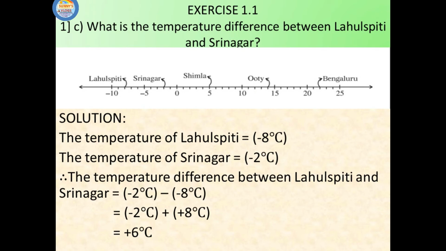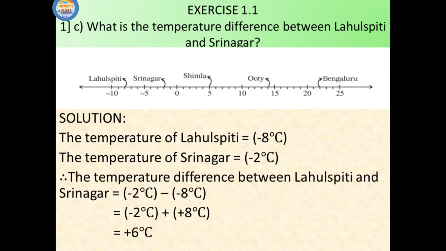No. As we know that the smaller the negative number gets the greater value, and the greater the negative number gets the smaller value. So, here the temperature difference between Lahul Spiti and Srinagar is equal to minus 2 degrees Celsius minus of minus 8 degrees Celsius. As we all know, how to subtract the given two integers, that is by adding the additive inverse of the integer that is being subtracted.